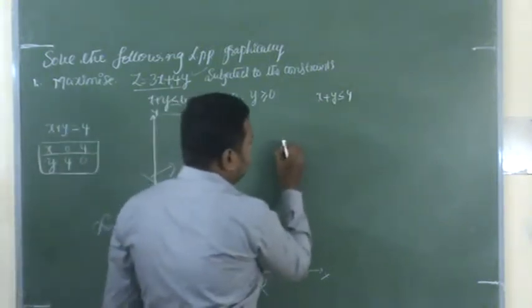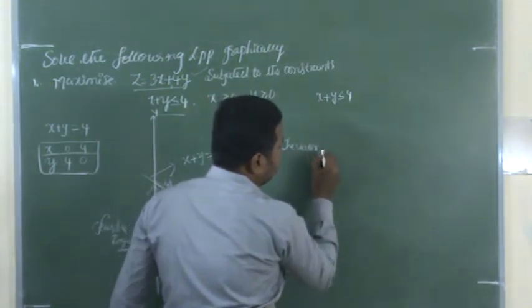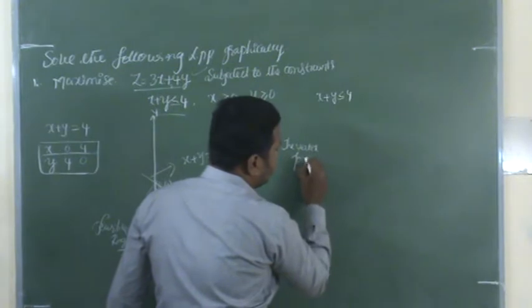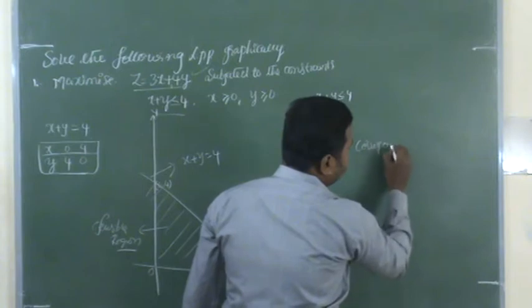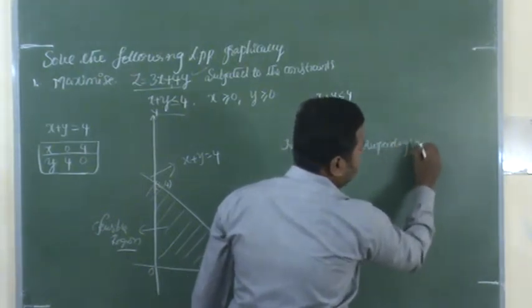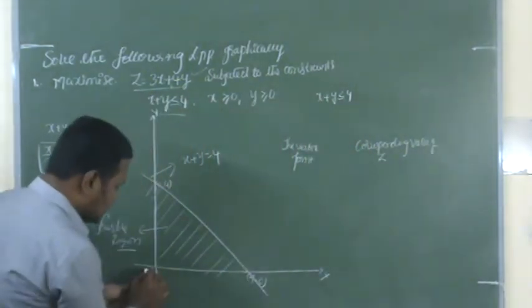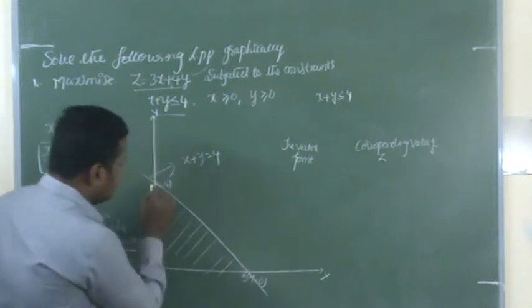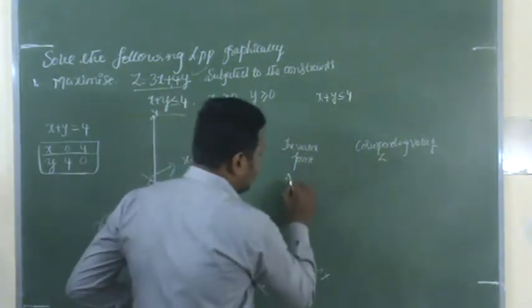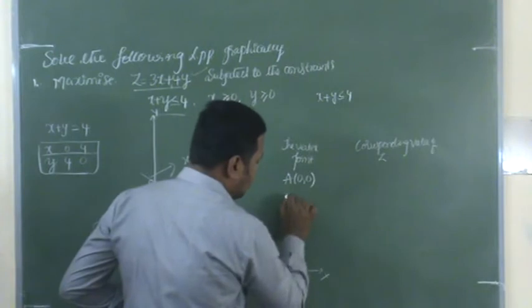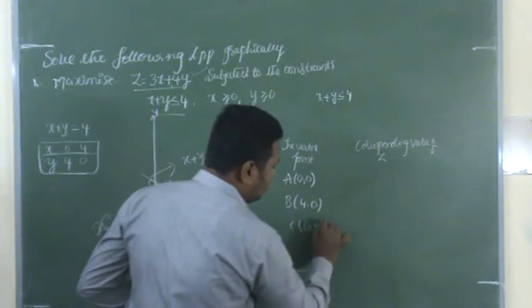Now, to maximize this value, we take the vertex points and the corresponding value of z. Here the vertex points are A, B and C: A of (0, 0), B of (4, 0) and C of (0, 4).